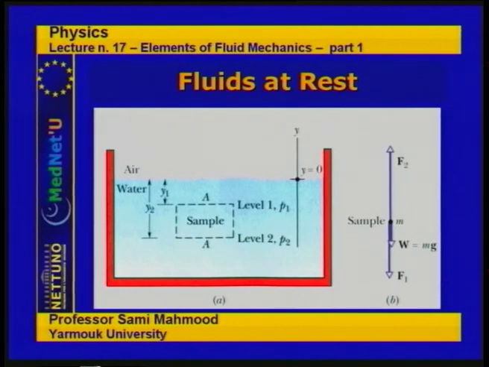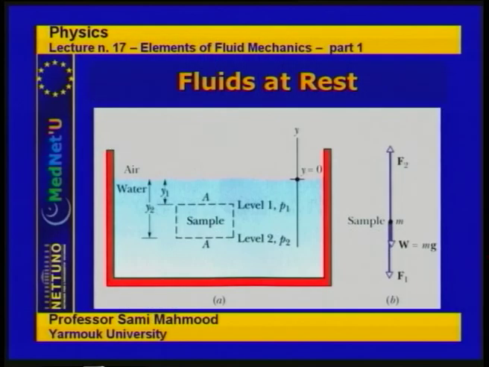If you have an element of the fluid inside the ocean, for example, and we don't have drifts or general motion of the fluid, if the fluid is static, then that element of the fluid is also static. It stays there forever. Thus, we conclude that the total force acting on this sample of fluid is 0, according to Newton's second law.